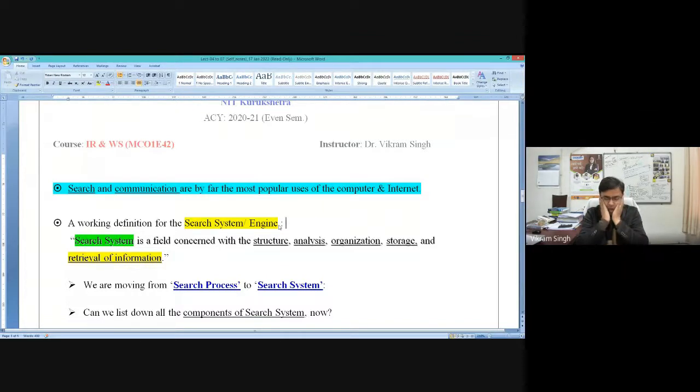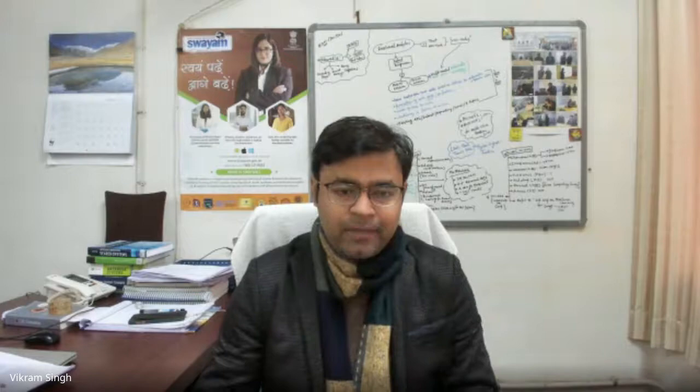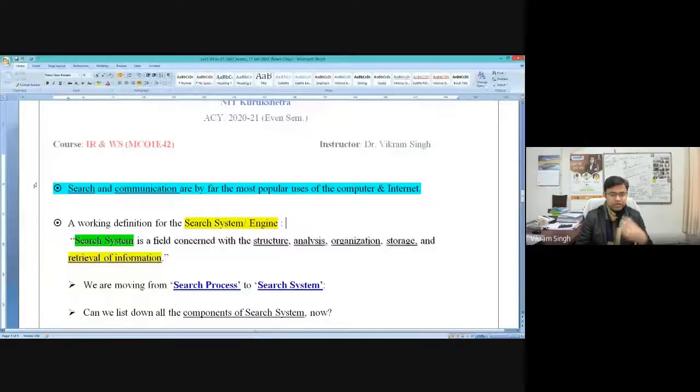Whenever you call a function or a task for search, it seems like a mechanical task happening in the background, right? So whenever I want to explain something about the search process or search system, I do not prefer to use the term search engine.